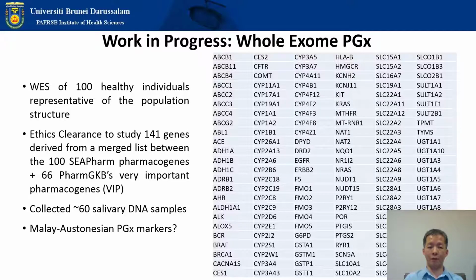But anyway, we are planning now to start sequencing very soon. In fact, if everything goes well, we will start our sequencing next week. At the moment, we have already recruited and collected nearly 60 DNA samples, which we extracted from saliva.